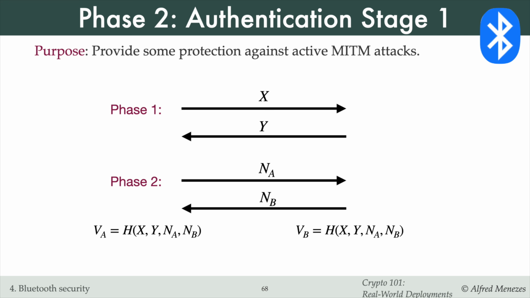If an active adversary tampered with the communications in Phases 1 and 2, the verification values will likely be different. The human being conducting the pairing visually compares the values and accepts the pairing only if they match. To enhance usability, the verification values are presented as 6-digit decimal numbers.